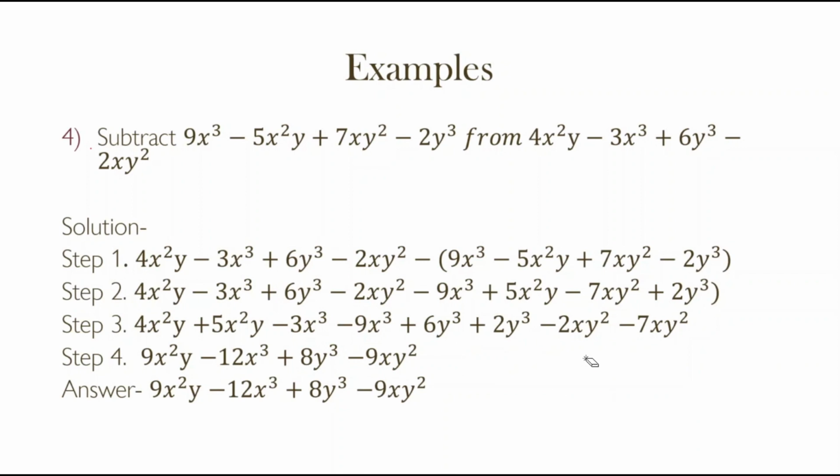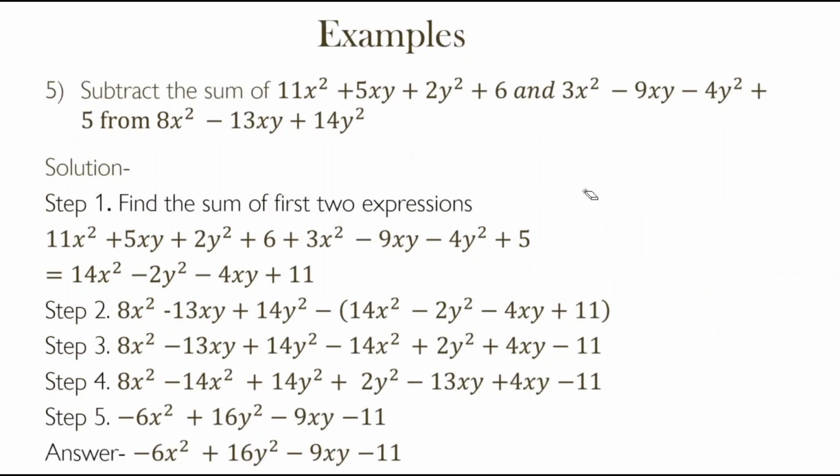I hope it's clear. Now moving to the next question, which says subtract the sum of 11x square plus 5xy plus 2y square plus 6 and 3x square minus 9xy minus 4y square plus 5 from 8x square minus 13xy plus 14y square.